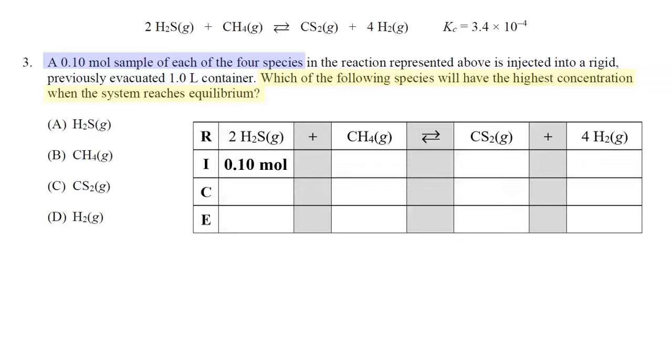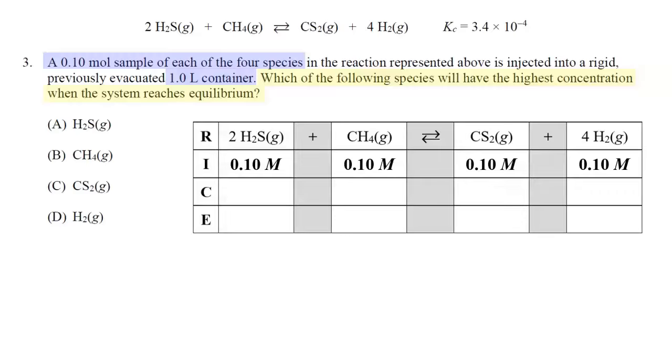So I'm going to go ahead and fill in 0.10 mole for each of the 4 substances. And then I will remember that concentration is moles divided by the total volume in liters. So because we have a 1-liter container, then 0.10 mole per liter means that each of these numbers, 0.10, is actually not only the number of moles, but also the concentration, or the number of moles per liter.